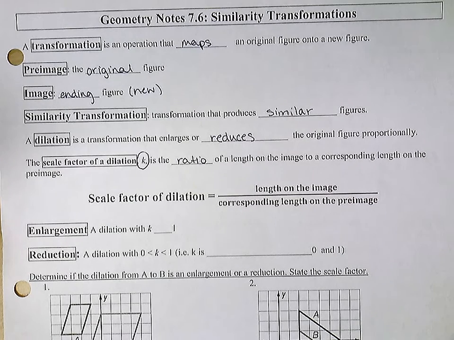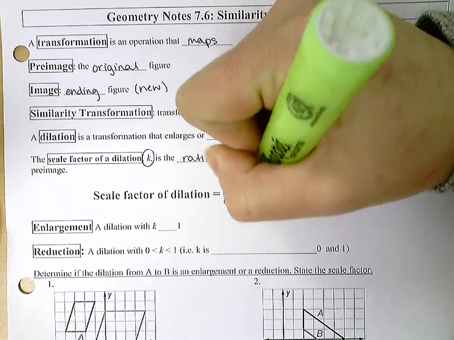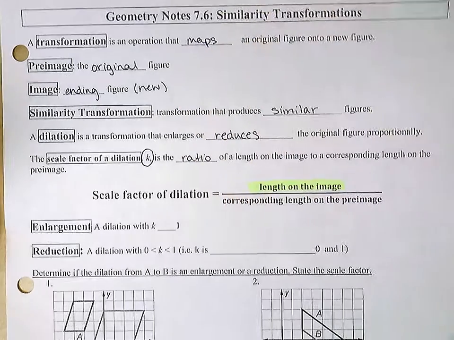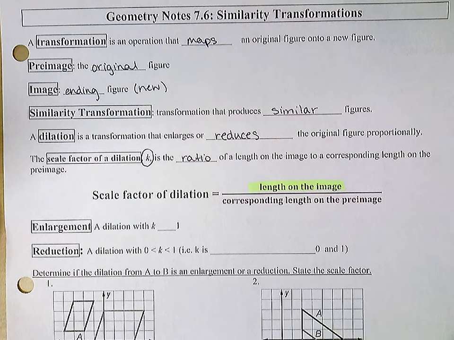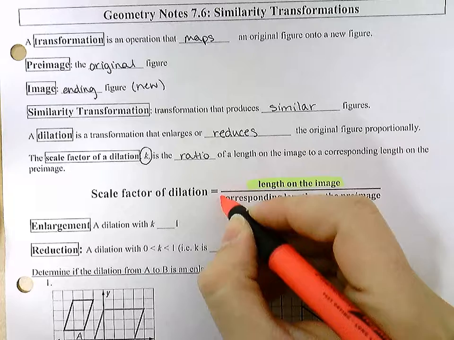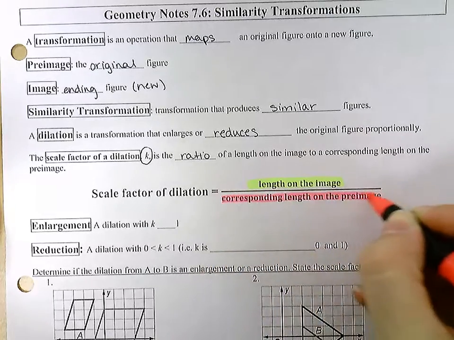So the scale factor of your dilation, just kind of written out, is the length of the image. Okay, so in the numerator of your ratio, it's the length of the image over the corresponding length of the pre-image.